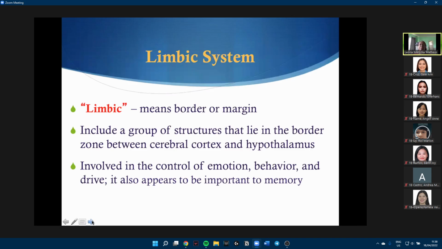So the term limbic means border or margin, because the structures here that make up the limbic system are found in the border zone between the cerebral cortex and the hypothalamus. Apparently, the system is involved in the control of emotion, behavior, and drive, but now it appears to be more important in memory formation. Okay?